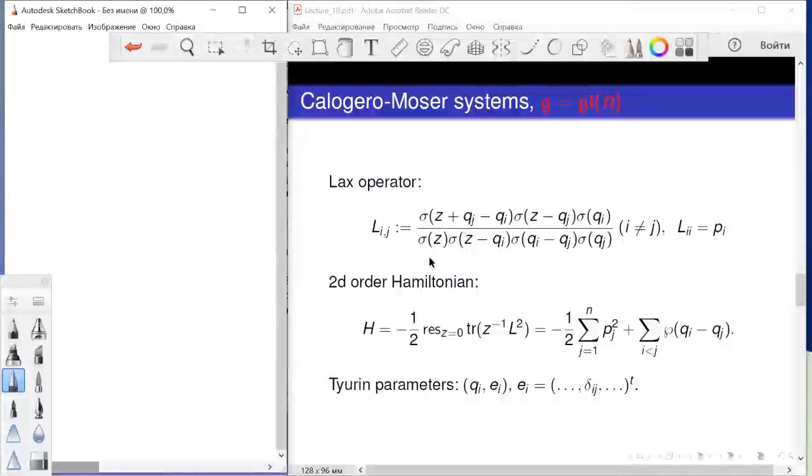But okay, let me nevertheless check that this operator has the expansions of the form required for Lax operators.